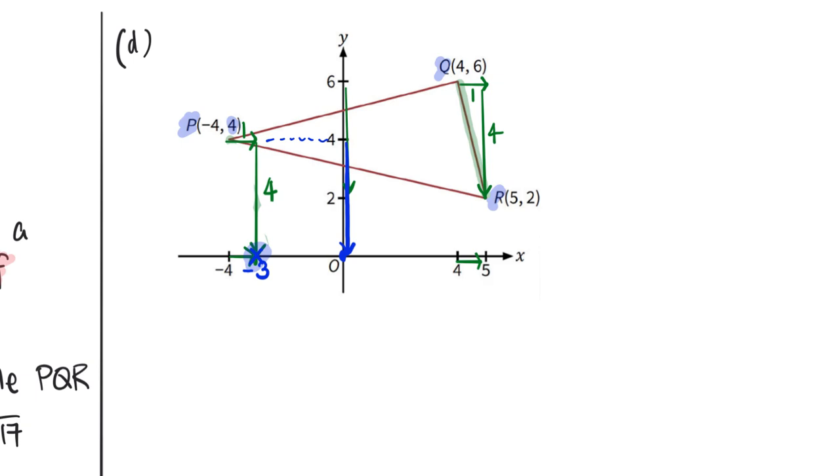So I have successfully identified my point S. If I were to just draw this out, this will look something like this. Yep. So for part D, I have successfully gotten my coordinates of S, where the X coordinate is -3 and my Y coordinate is 0, purely from observation from the diagram itself.